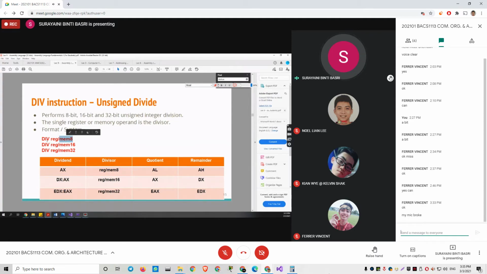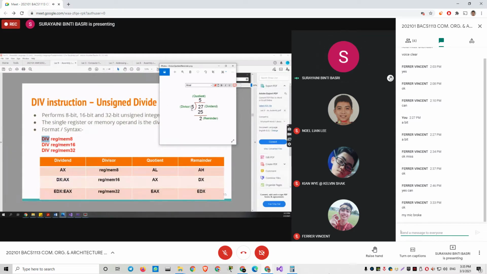You just need to specify the div instruction followed by a divisor.